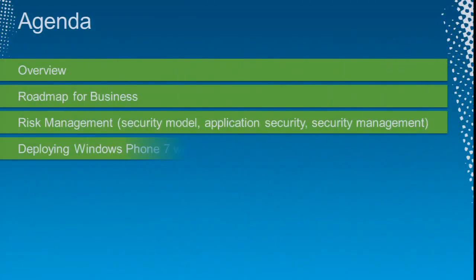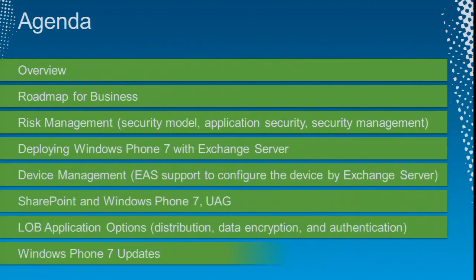So just quickly go over the agenda. I want to have a quick overview of some of the platform features. We're going to talk about the roadmap for the business features. We're also going to have a little section on risk management. We're going to talk a lot about Exchange and what the features are for deploying with Exchange.